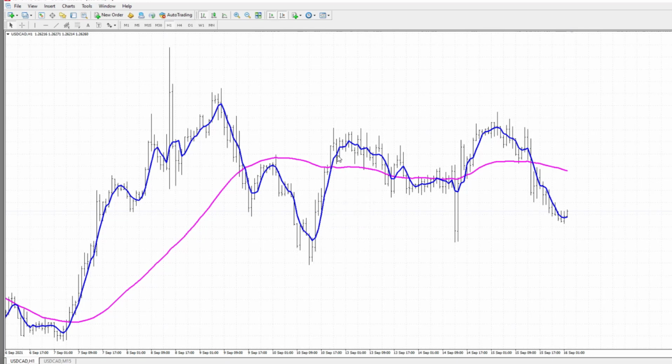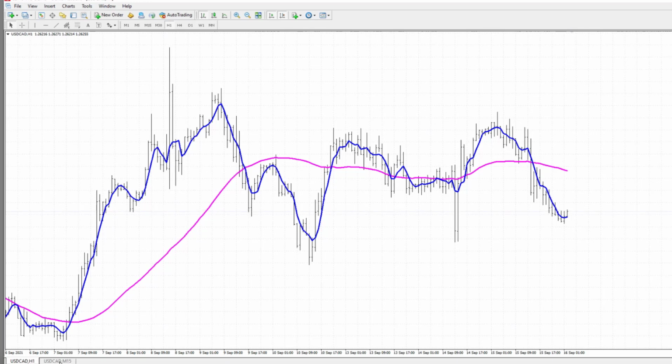You would have missed most of that trend all the way up. So the disadvantage of using the slow and fast method is that you could miss out on trends, and the advantage of faster moving averages is that you'll always be facing the right way all the time. So I like the fast way.